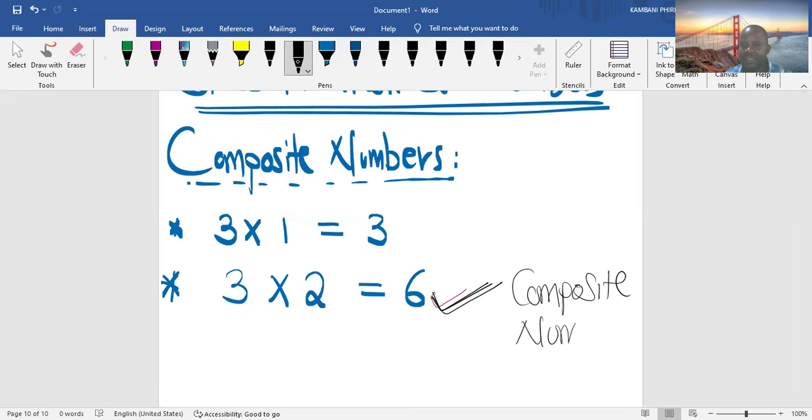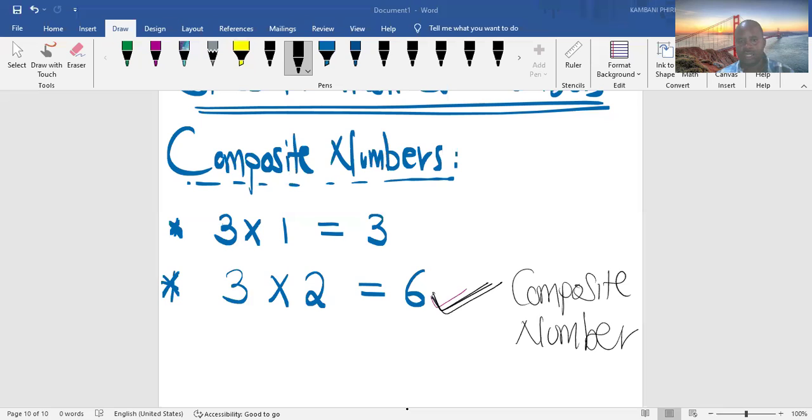So if a number is a product of at least two numbers other than 1, that number is composite. Like I said, this is a composite number because it is a product of two numbers, that is 3 and 2, and none of these is 1.